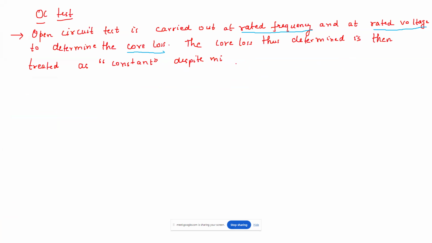The core loss thus determined is then treated as constant despite the minor variations in frequency and voltage during actual operation.